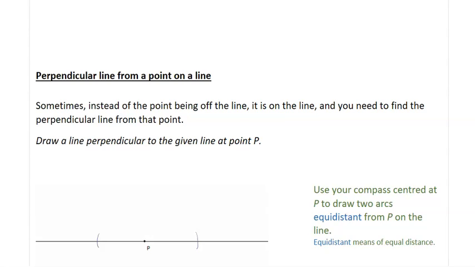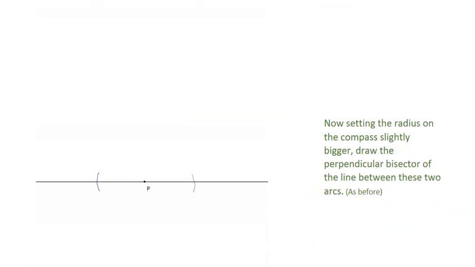Now from there, we use those particular points and pivot from these intersections. Set the radius of the compass slightly bigger. Right now the radius should be exactly from P to this point, because you just drew that. Set it so that it's slightly wider.